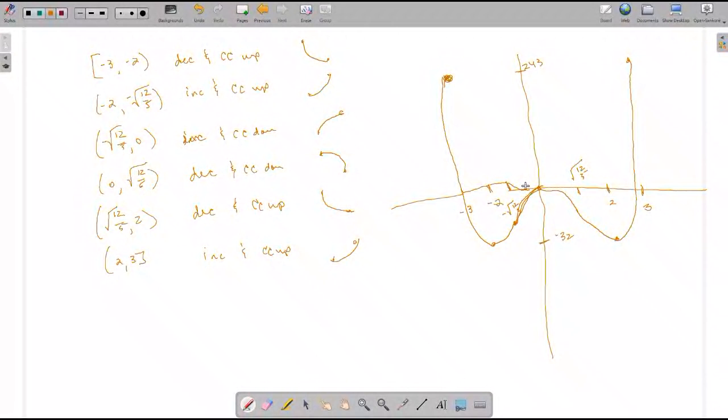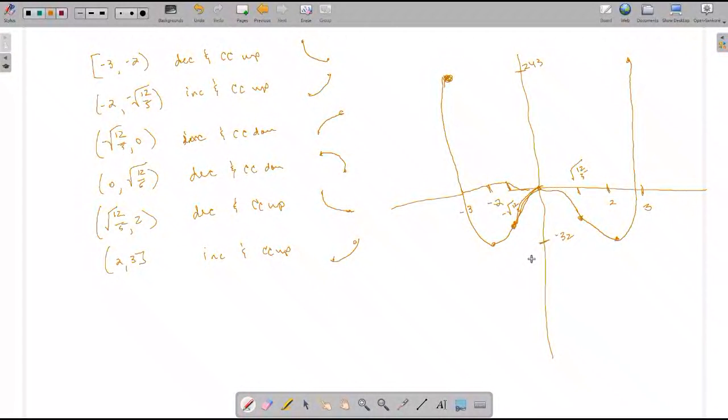These points of inflection that I saw happening here at negative root 12/5 and again here at positive root 12/5, those points of inflection are the places where my graph goes from holding water to pouring water.